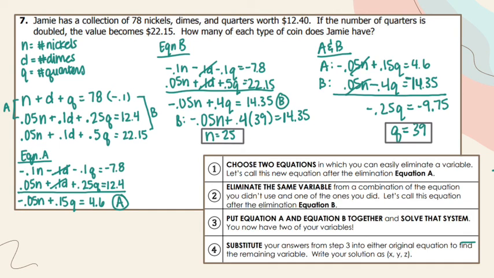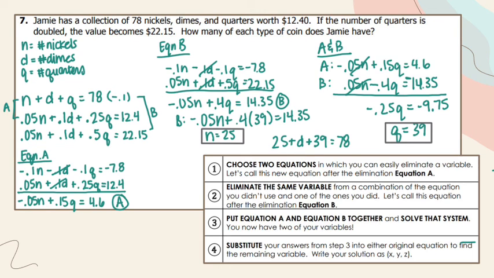And finally, we will plug both of these values into any of the first equations and find the value of d. So we know that n plus d plus q has to equal 78. So 25 plus d plus 39 equals 78.